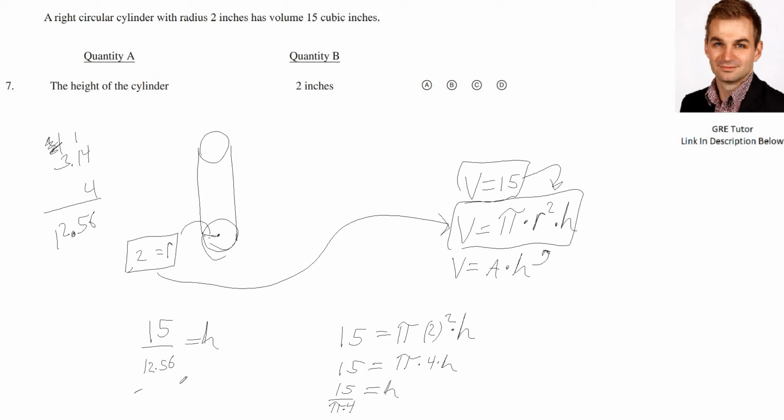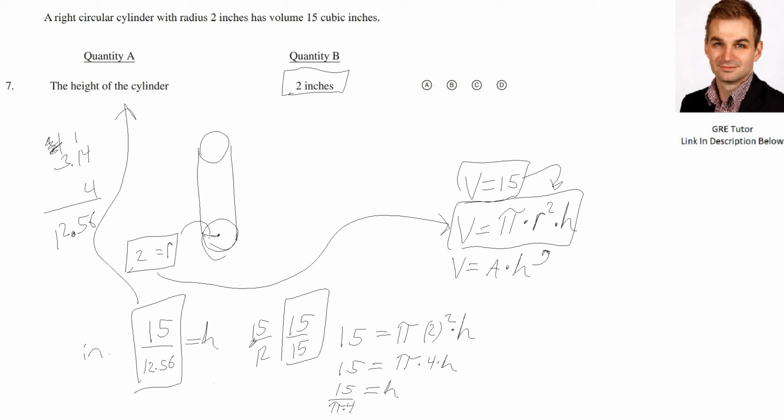Alright, so this is the height of our cylinder. So let me ask you guys, what is greater, 2 inches or 15 over 12.56 inches? This is pretty close. Like 15 over 15 is 1. Alright, so 15 over 12 is a little bit greater than 1, I think, right?